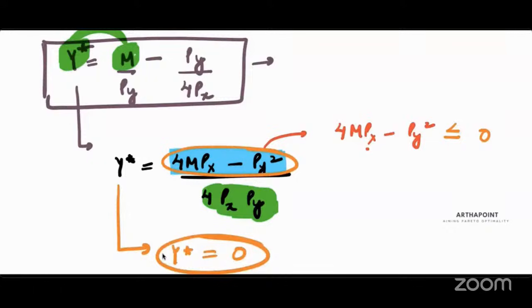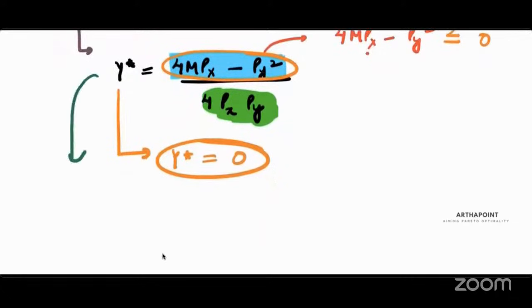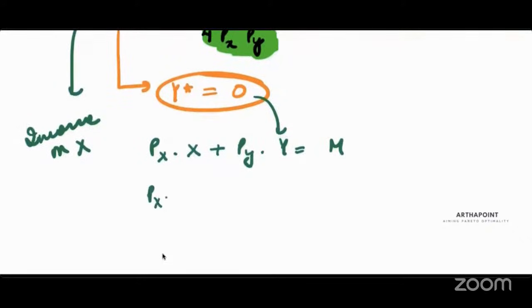So if your numerator is negative or 0, y star will be 0 because you cannot consume negative quantity. If y star is 0, then you're spending your entire income only on x. In that case, if you look at your budget line and instead of y, you put 0, you will get your x as m by px.